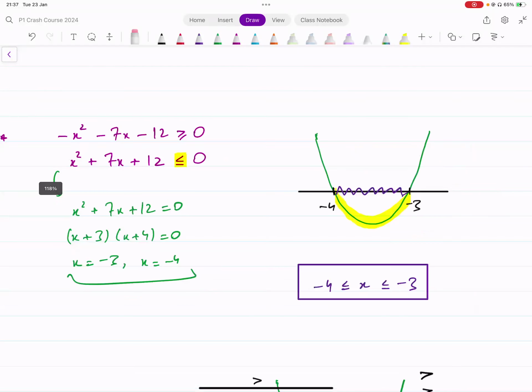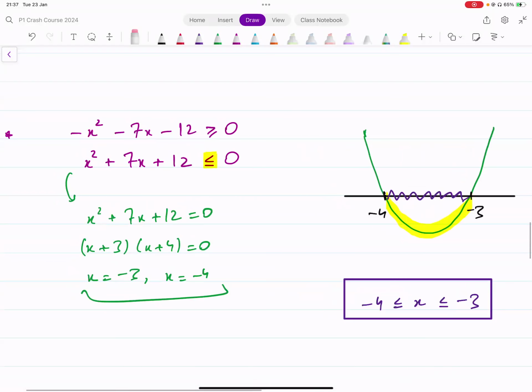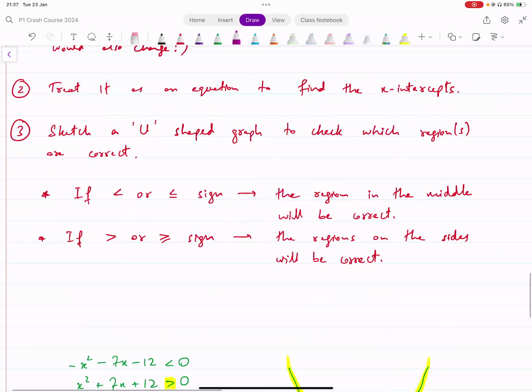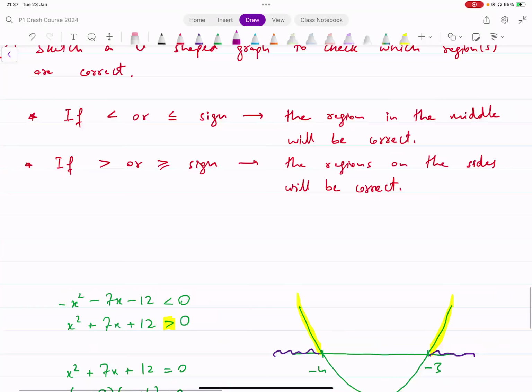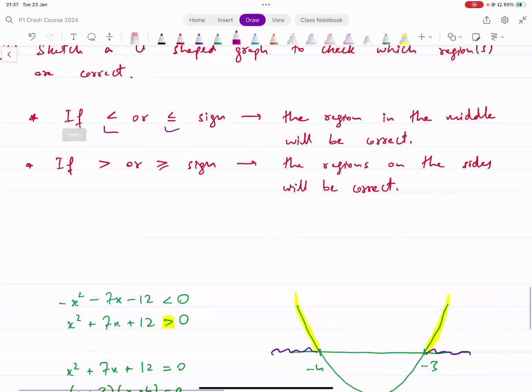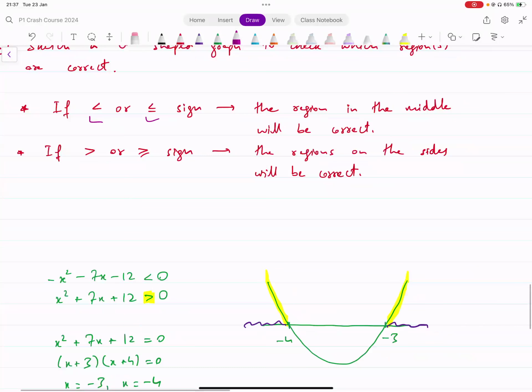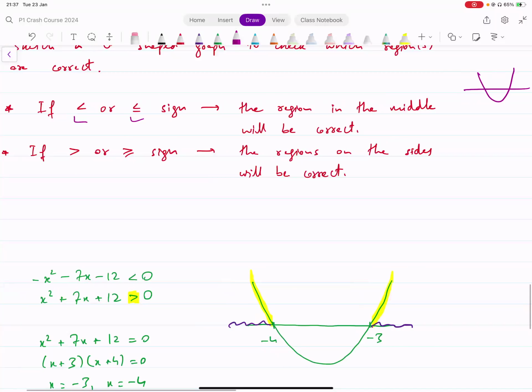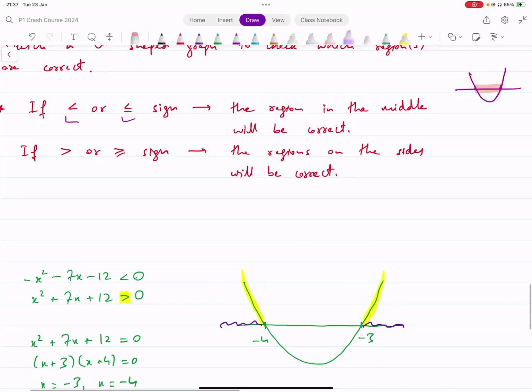Why did I suggest this? Because if you do it this way, you can remember a rule in your head that whenever you have less than or equal to sign, since it's a U-shaped curve, in a U-shaped graph, the part below the x-axis is always going to be in the middle, and the part above the x-axis is always going to be on the sides.